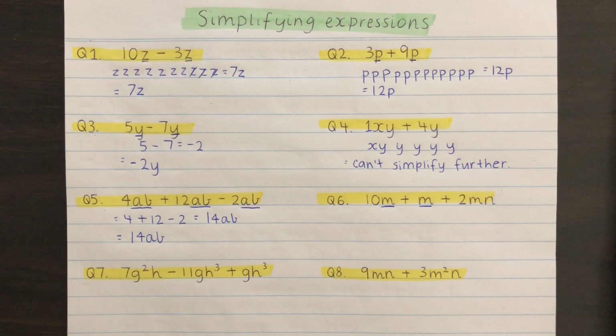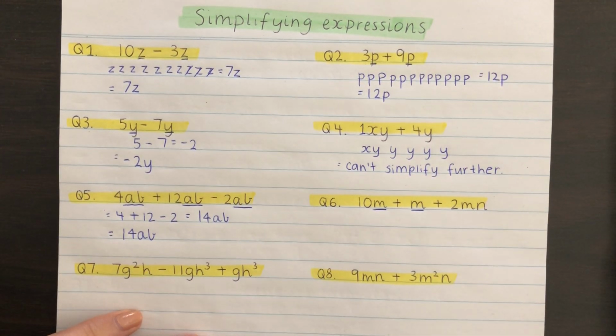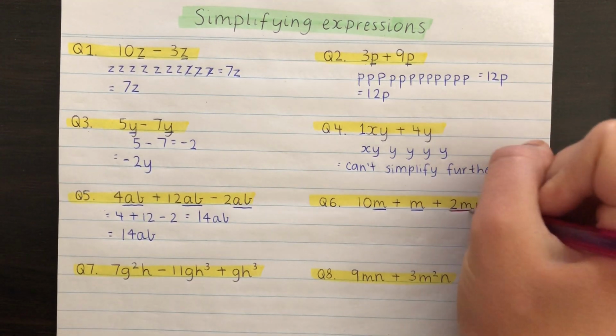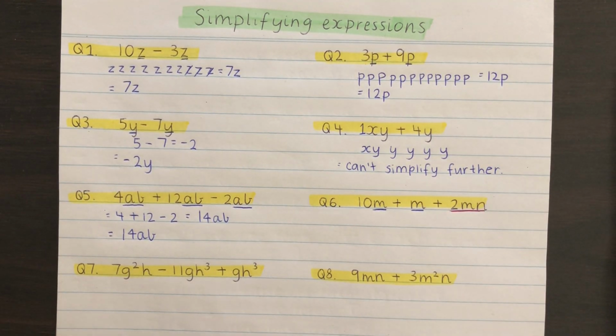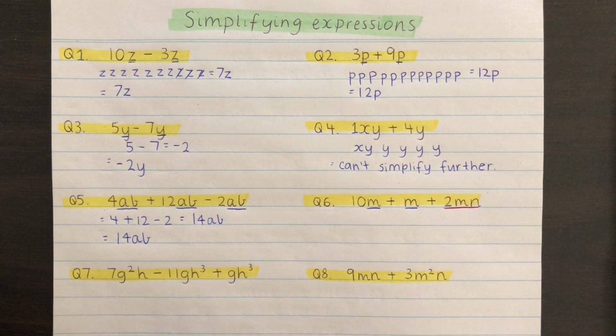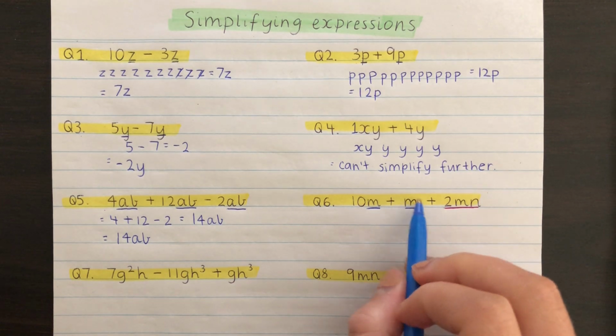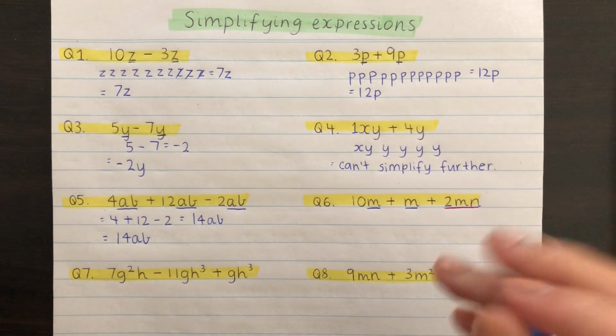So I'll underline that a different color. I might actually use pink. Okay. So the blues are like terms, the pink is not. Right, now what did I say? If there's no number in front of a pronumeral, there's an imaginary 1.